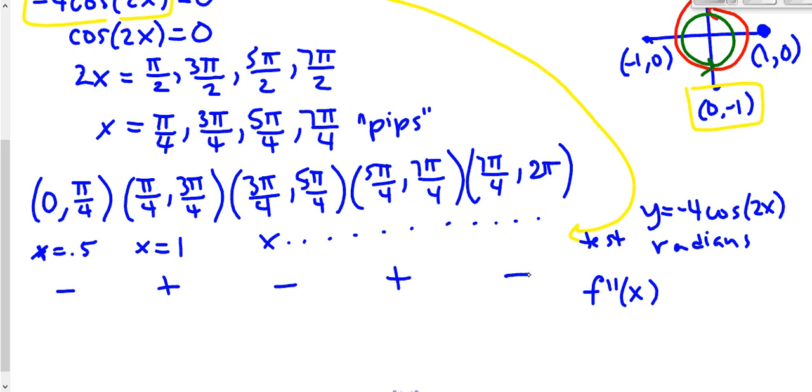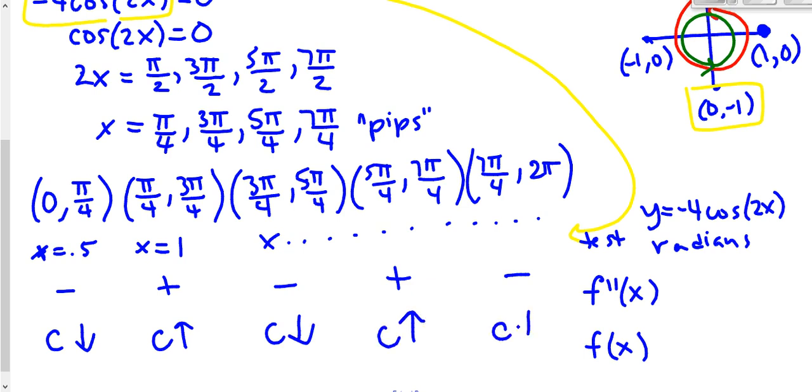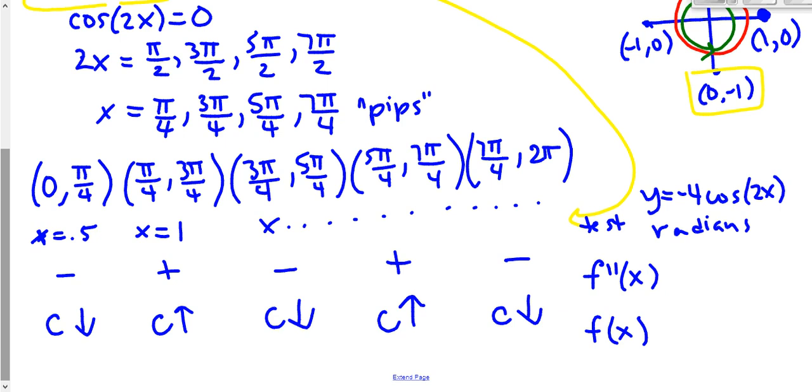So, do you have any inflection points? Yes, there was a concavity change at each place along the way. So we could say that f of x is concave down, then concave up, then concave down, then concave up, then concave down. So, what are the inflection points?